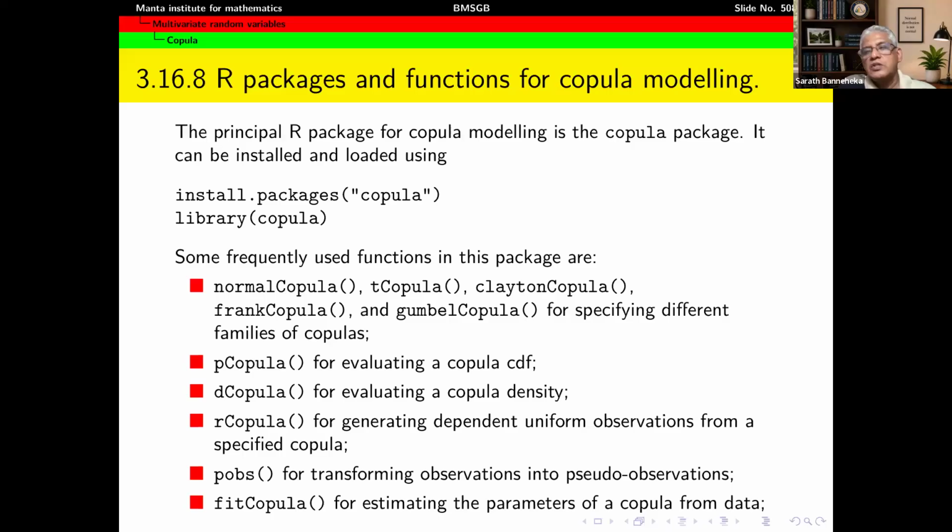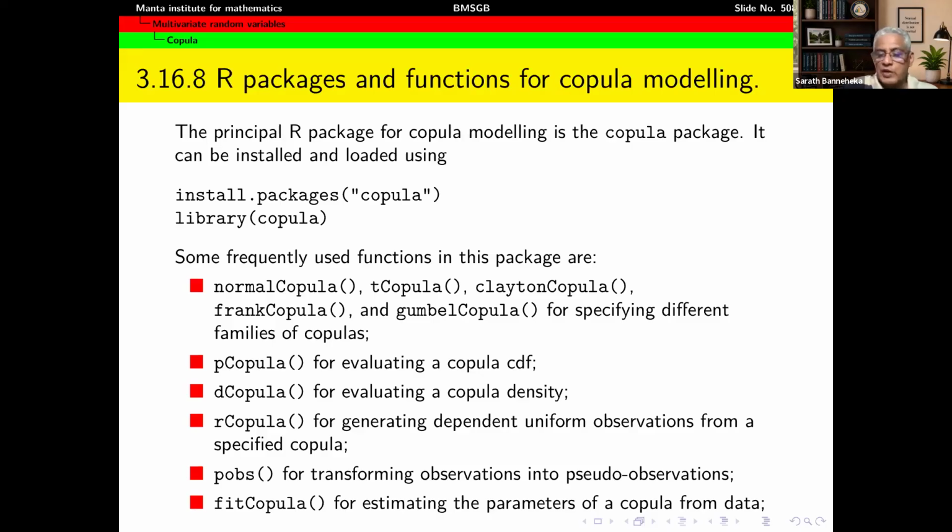Okay, so to end this video, I have included a brief description of R packages and functions available for copula modeling. In general, when we generate data using R, we don't necessarily write down the previous functions like what I did, because R already has built-in functions available, making the generation of data much easier, right?